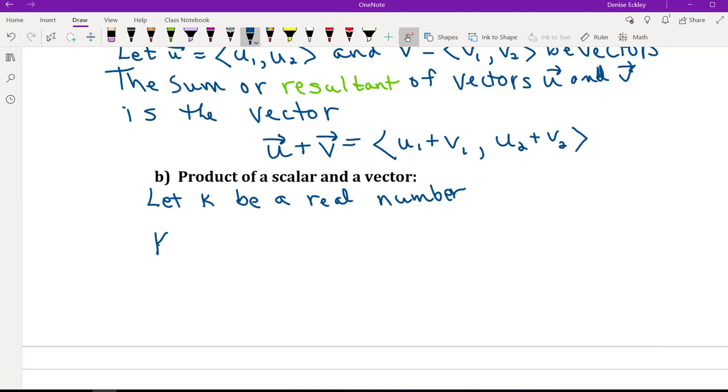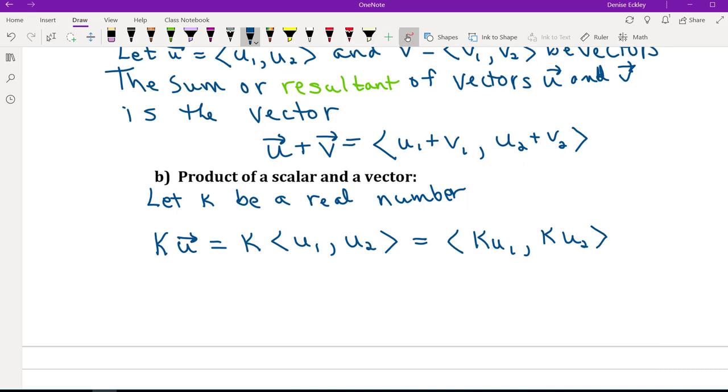Then we take K times the vector U. You'll see it represented in this way with the component form. When you do that multiplication, you are simply distributing the K to each component. It's not going to change the direction of the vector at all, just the magnitude, because K doesn't have direction, it's just a number.